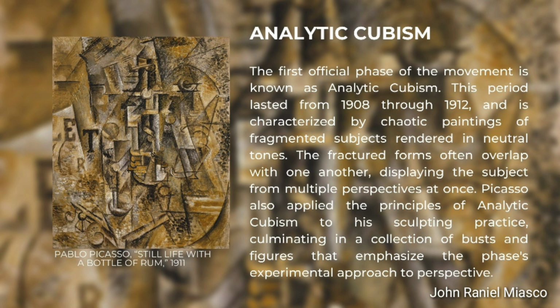The fractured forms often overlap with one another, displaying the subject from multiple perspectives at once. Picasso also applied the principles of analytic Cubism to his sculpting practice, culminating in a collection of busts and figures that emphasize the face's experimental approach to perspective.